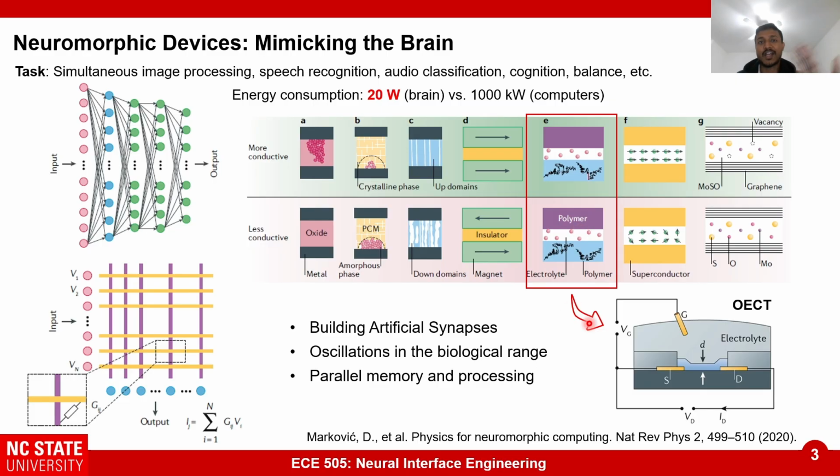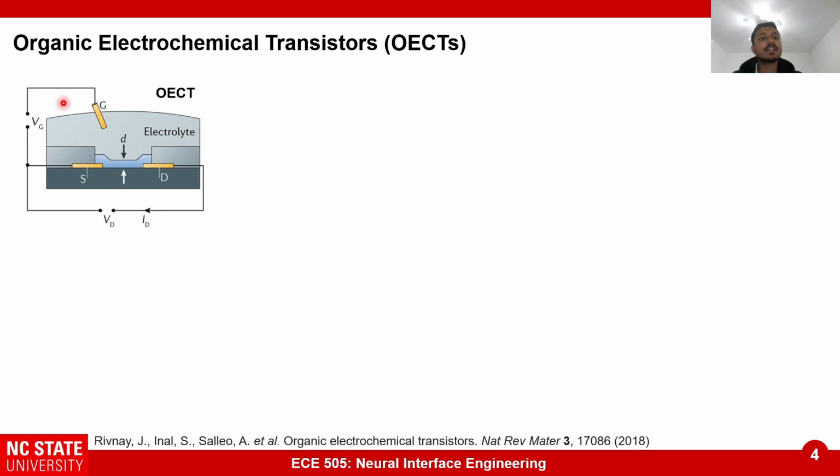So these are a class of transistors called organic electrochemical transistors, where we use those polymers as our channel material. So here is a diagrammatic representation of the organic electrochemical transistor, where you have the source and drain electrode, and between the two electrodes you have the channel material, which is the polymer that I'm talking about here, and then we gate with an electrolyte, which is like the same physiological concentration of electrolytes, or can just be sodium chloride solution in water, or KCl or potassium chloride, anything.